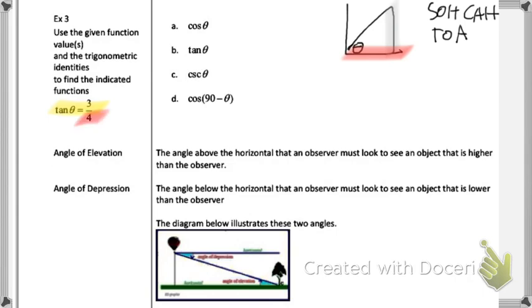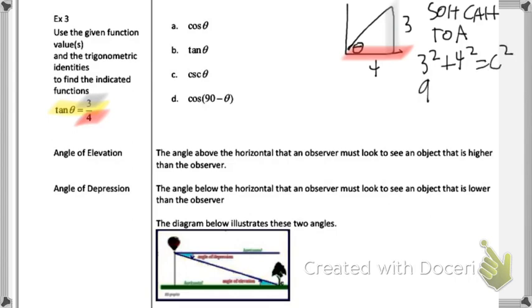So 4 is adjacent and 3 is the opposite. Now let's do the Pythagorean theorem. So let's label it first, 3, 4. Now by doing the Pythagorean theorem, we do 3 squared plus 4 squared equals c squared.